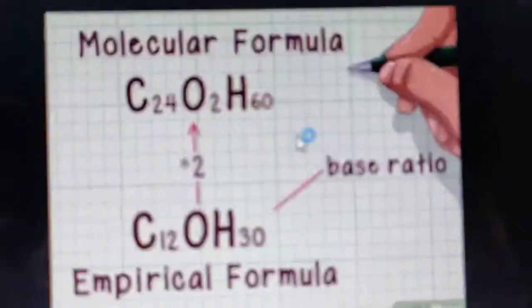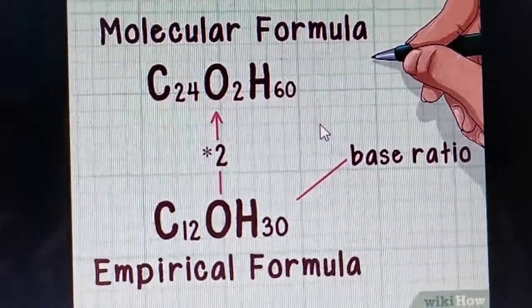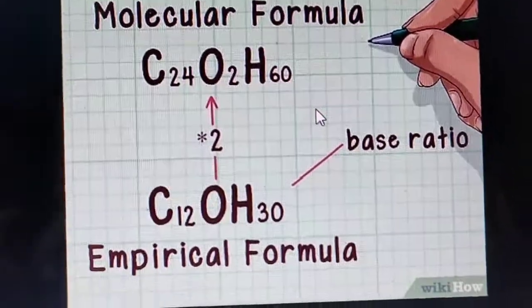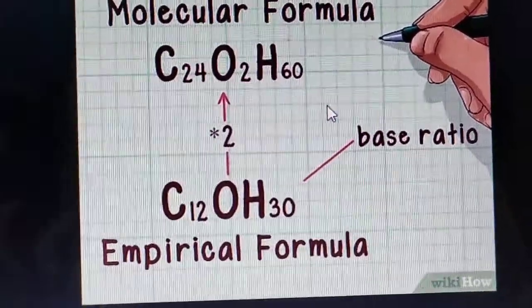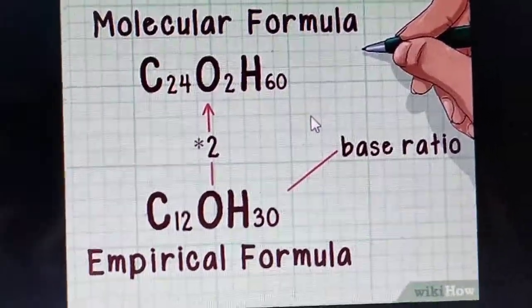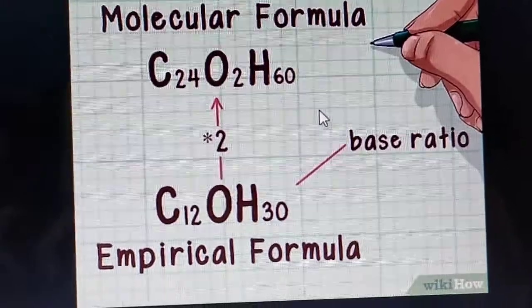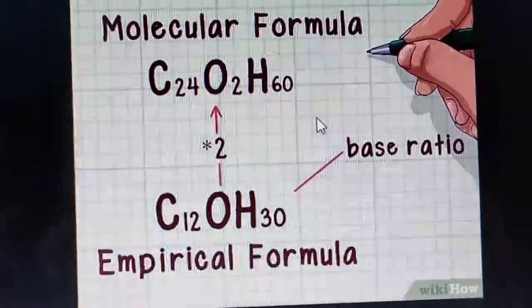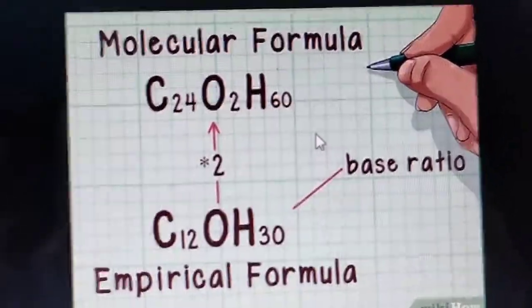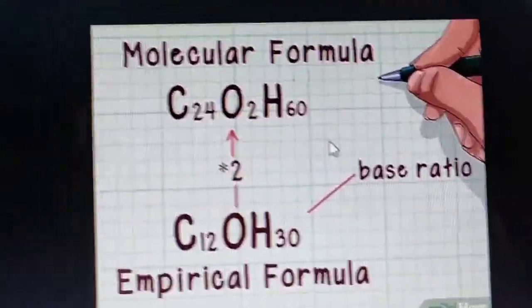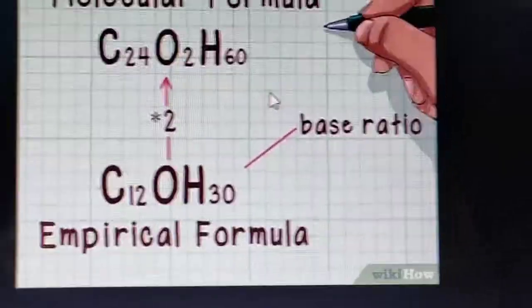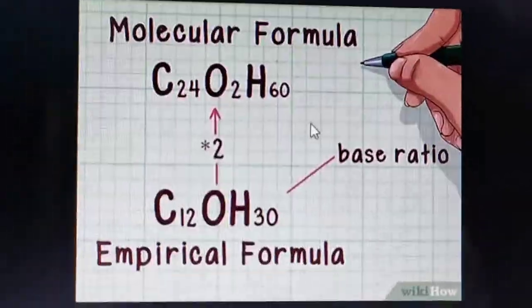All are even numbers. If you divide the ratio by 2, you get 24 divided by 2 is 12, 2 divided by 2 is 1, and 60 divided by 2 is 30. So this is the empirical formula of a compound having molecular formula C24O2H60. This is not a real compound; I am repeating, it is just an example.